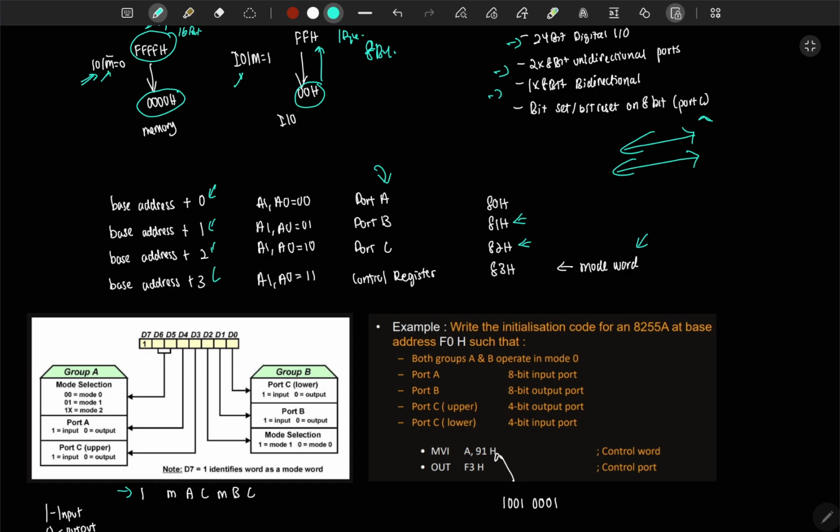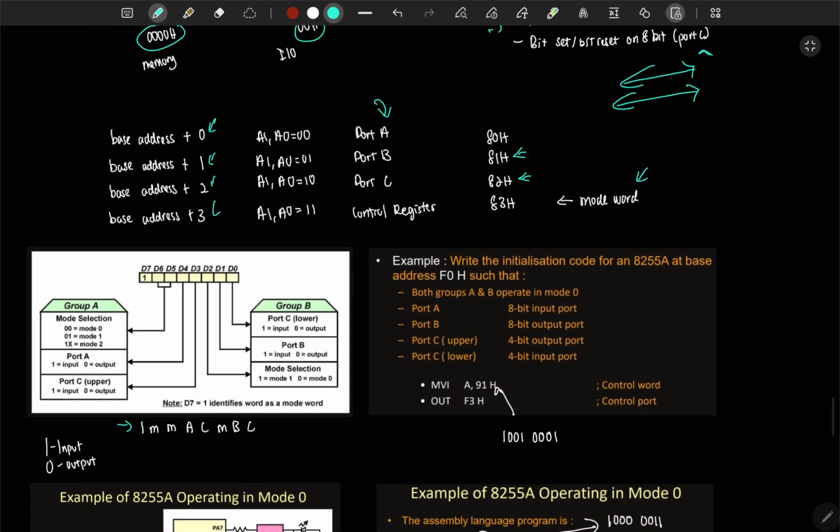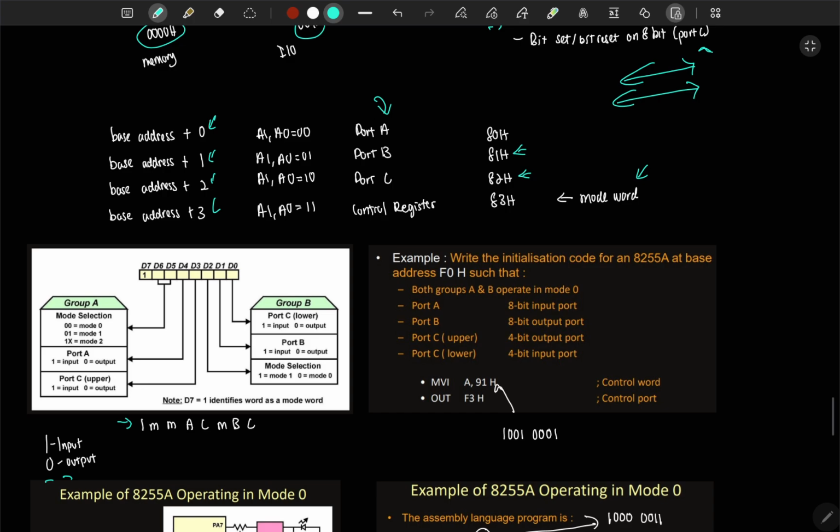Mode 1 is equivalent to 01, mode 2 is equivalent to 10, and mode 0 is equivalent to 00. For A, if 0 it's output, equivalent to O, if input it's 1, equivalent to I. This C is high C, and this M is for group B, and this B is as usual same as A, and this is for the lower part.